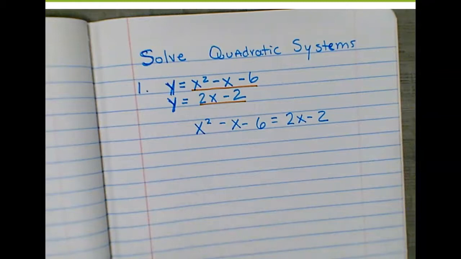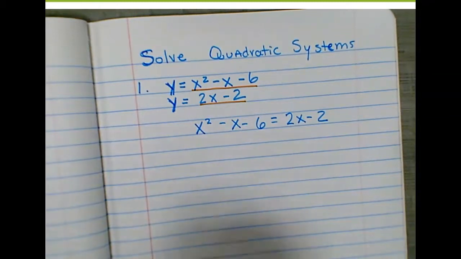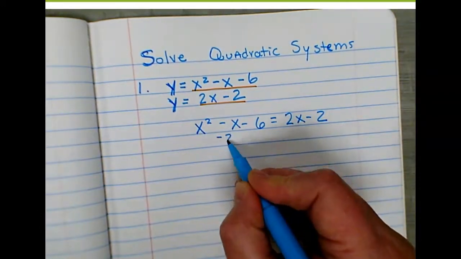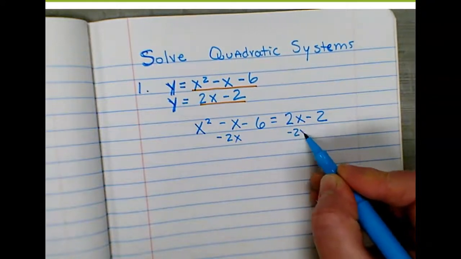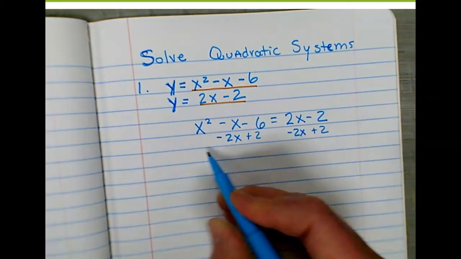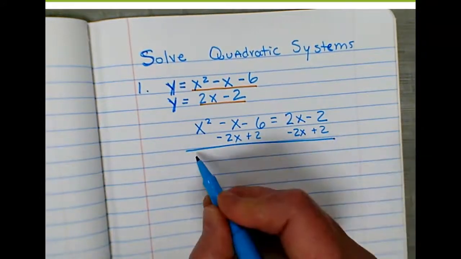Now it's a quadratic equation. Do you know how to solve a quadratic equation by factoring? If I'm going to solve it by factoring, I have to zero out one side or the other.